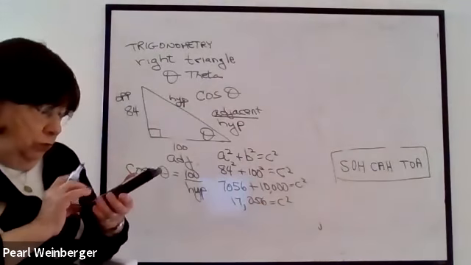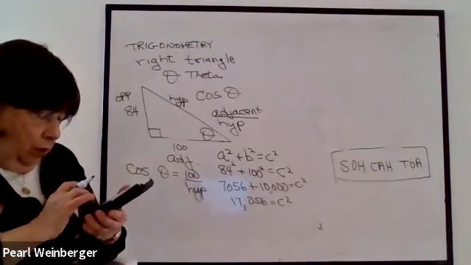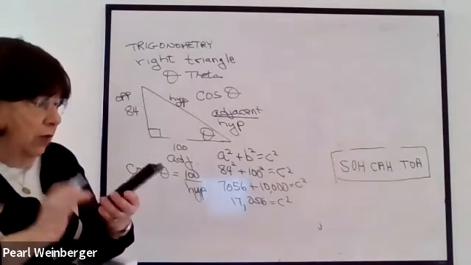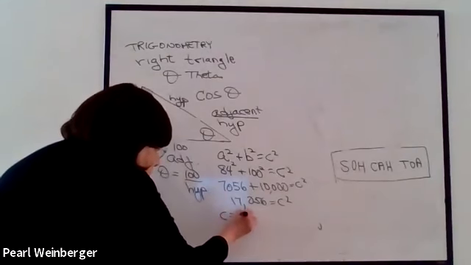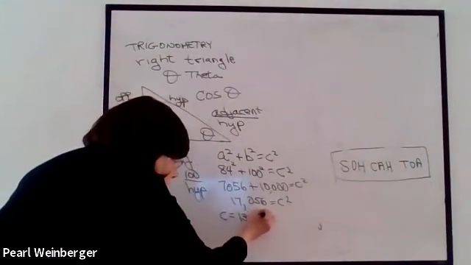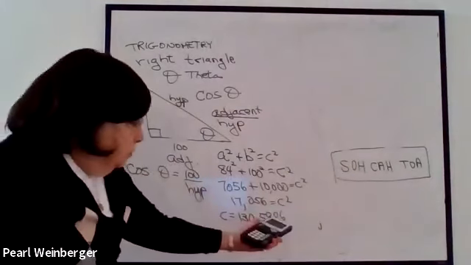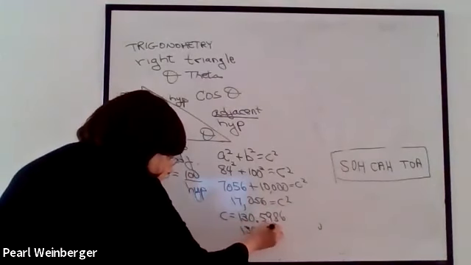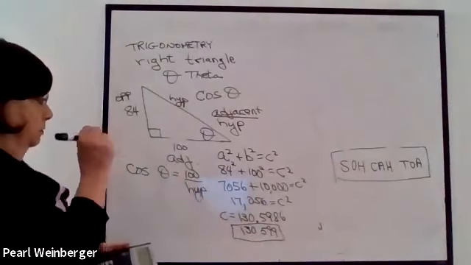So I do the square root of 17,056 on my calculator. And I get that c is equal to 130.5986. I'm not going further than that, which means I really could write this as 130.599 rounded to 3 decimal places.